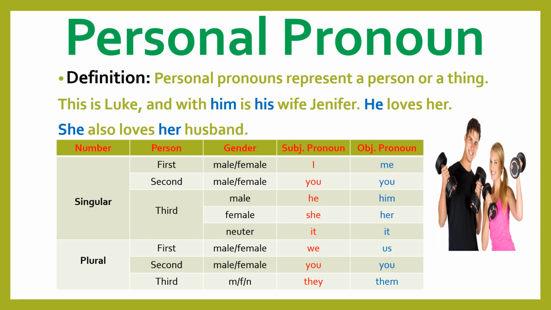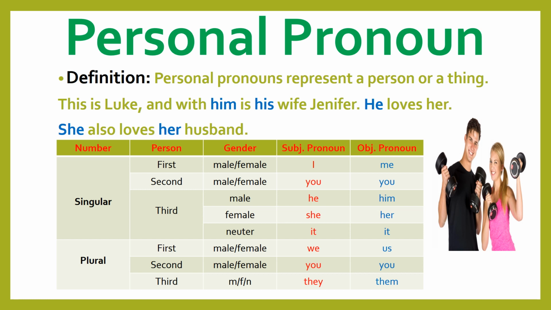I is the subject pronoun, and the object of the first person I is me. Second person pronoun is you, and this is also used for male and female. You is the subject, and you is also the object.